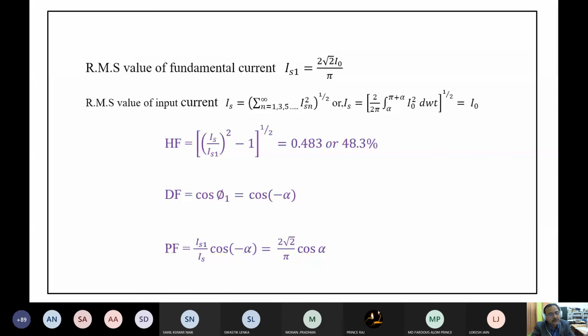So this is over for performance parameters.